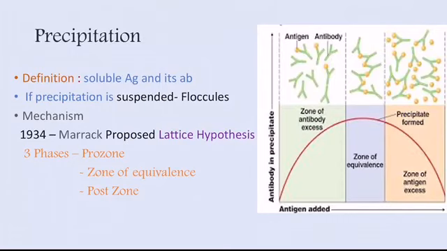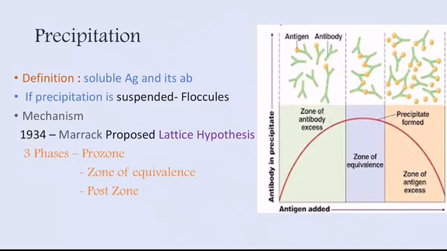So, what is precipitation? Precipitation is a reaction that occurs when a soluble antigen combines with an antibody in the presence of electrolytes at suitable temperature and pH.